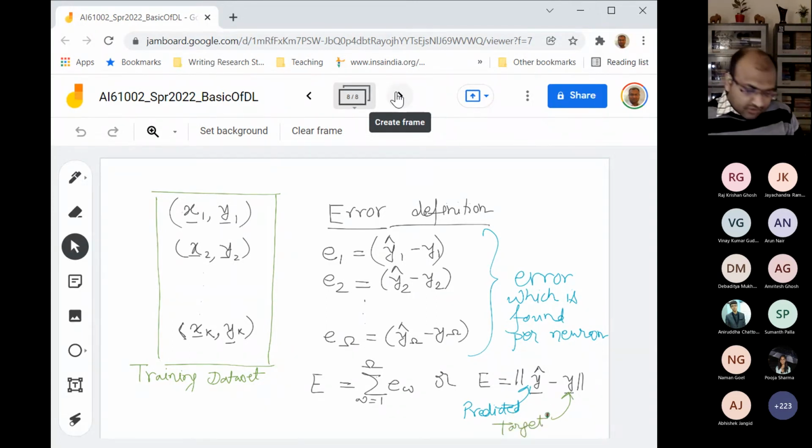Tell me, what is L2 norm? L2 norm is basically your Euclidean distance.